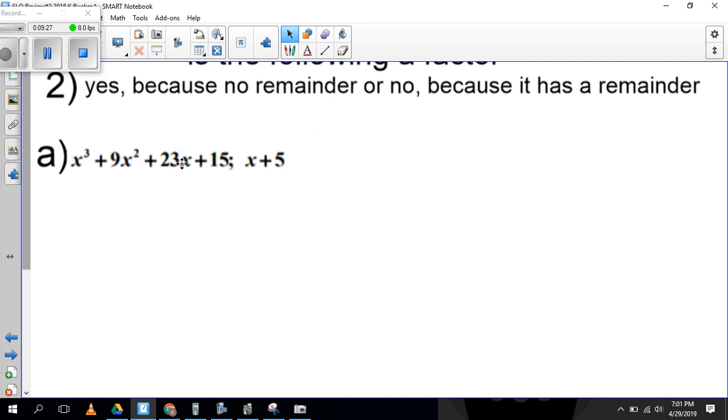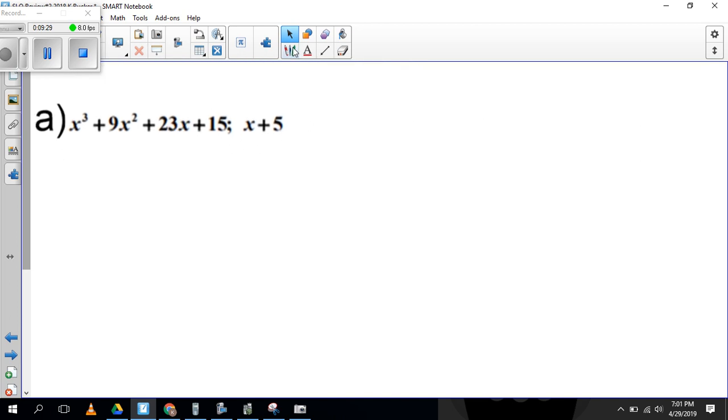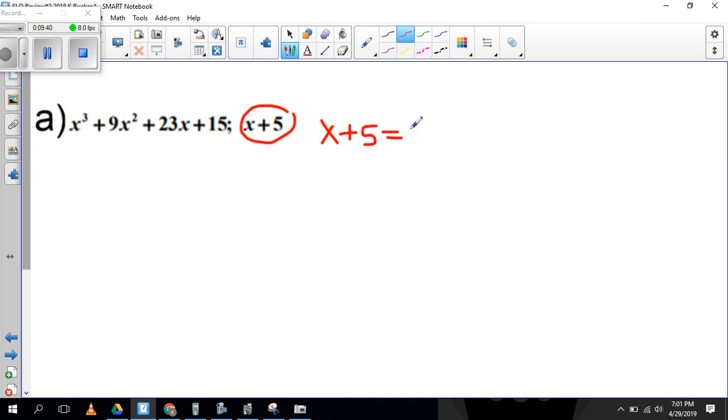So all we have to do, remember, is we're basically setting this one equal to 0, x plus 5 equals 0, and we're solving for x. And we subtract 5 from both sides. x equals negative 5. You can do it this way, or the easiest way is just to change that sign here.